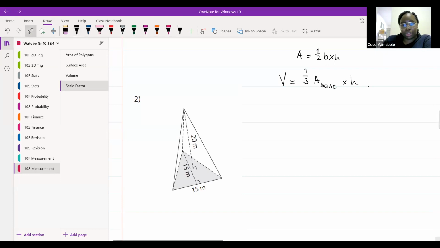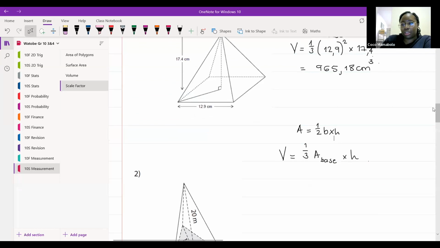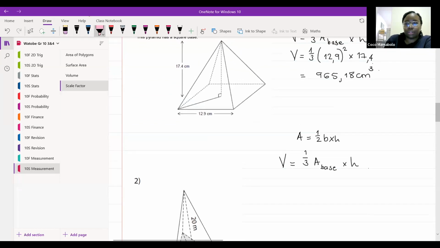And why did I put squared? Do you mean, Asbonge, do you mean over here?